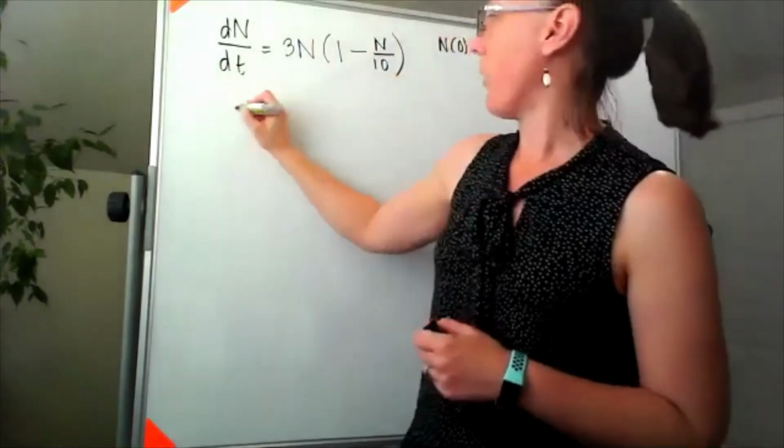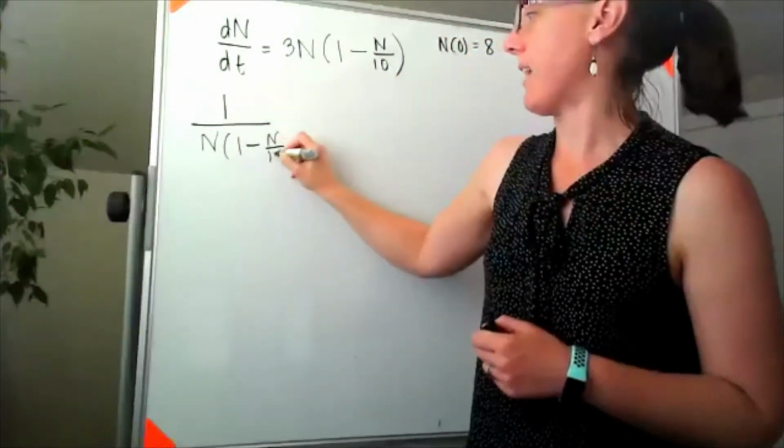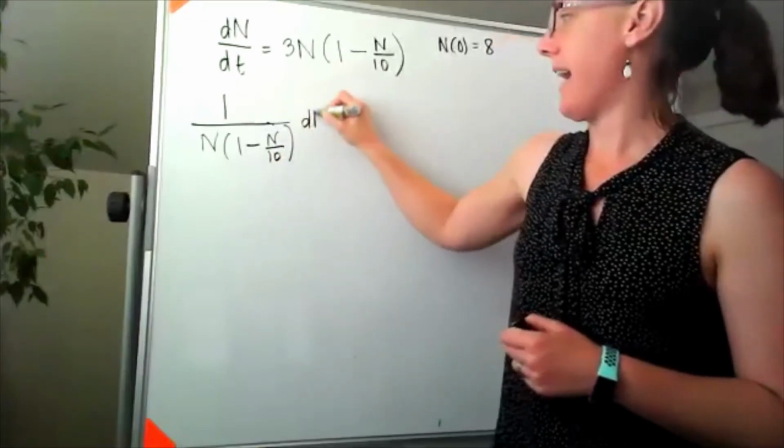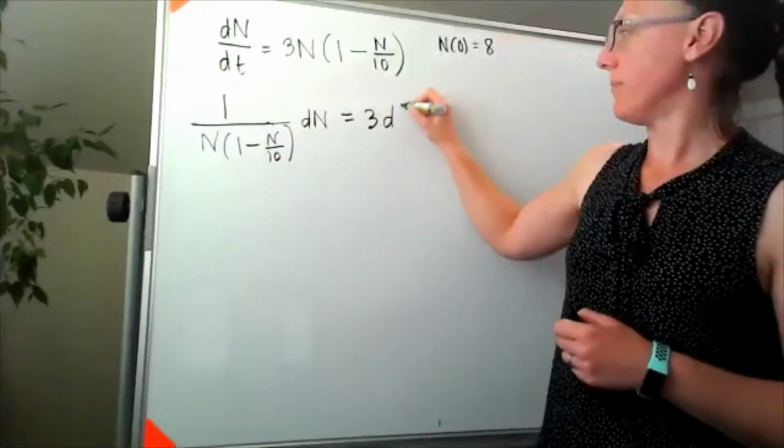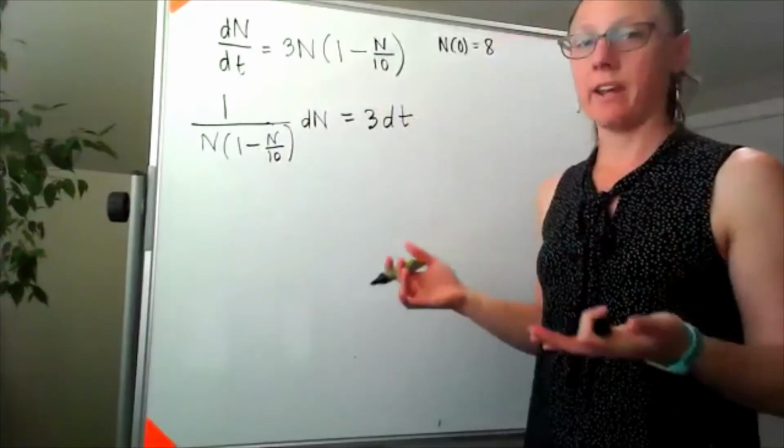So I'm going to end up with 1 over n times 1 minus n over 10 dn is equal to 3 dt. Now that we've got it separated, we can integrate both sides.